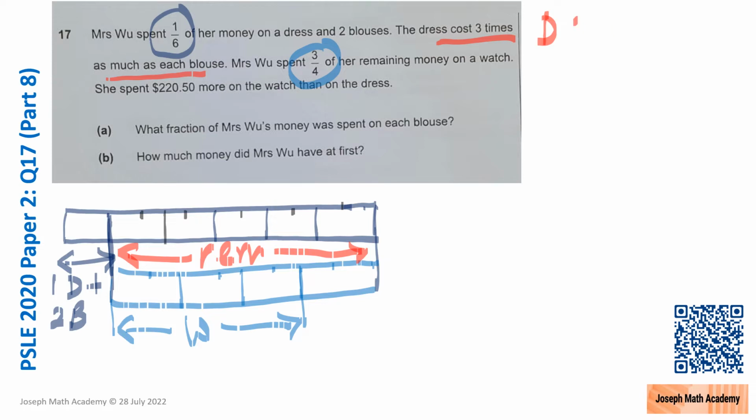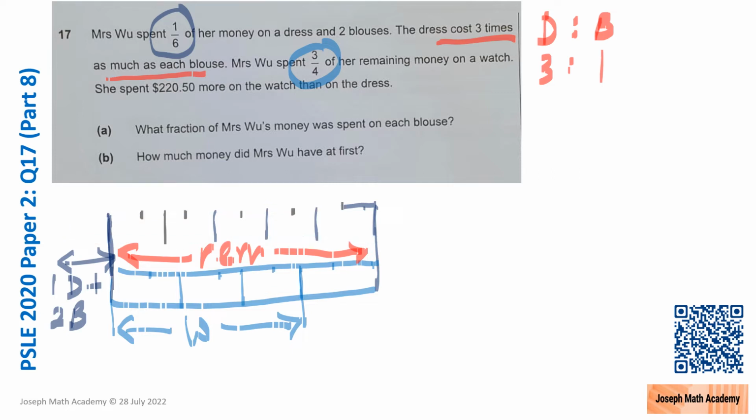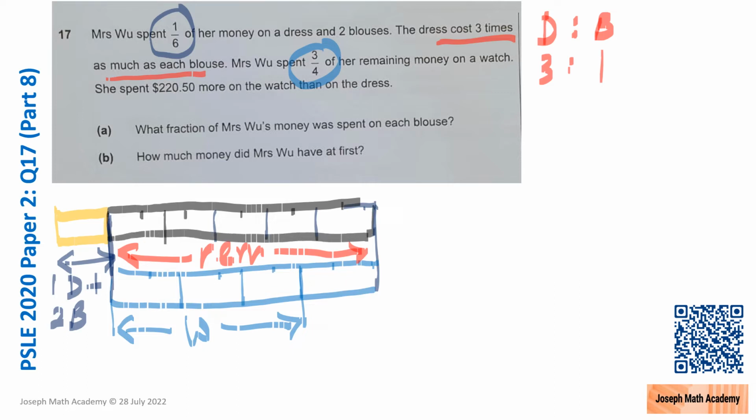So dress is to blouse is 3:1. Okay, so if you look at our first bar, I'm going to use orange. So this is my first bar, and this is my remainder after spending on 1 dress and 2 blouses.